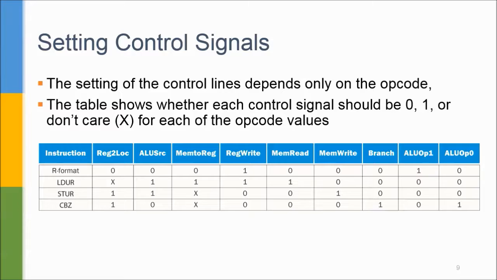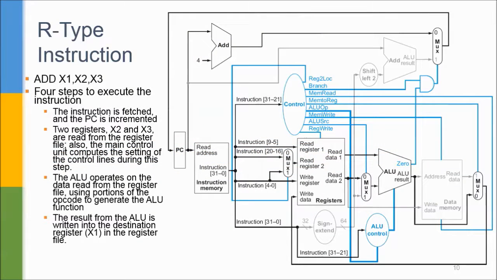This type of don't care must be added by the designer since it depends on knowledge of how the data path works. Now we see how each instruction uses the data path. These figures in upcoming slides show the flow of three different instruction classes through the data path.